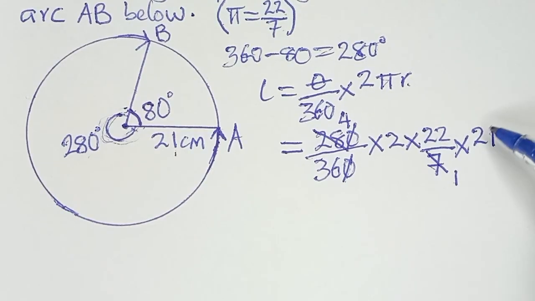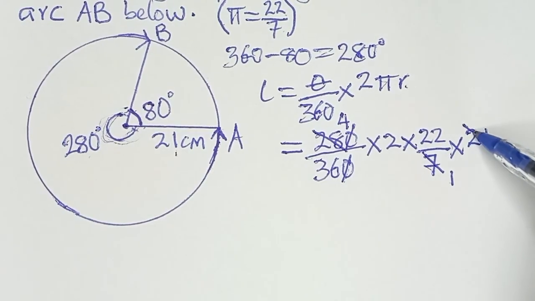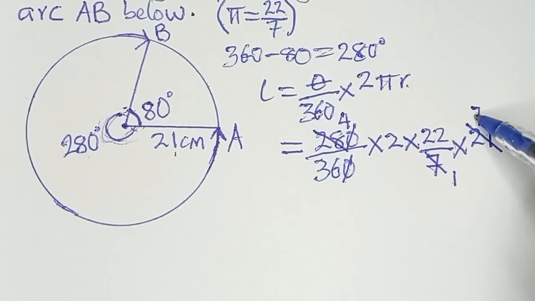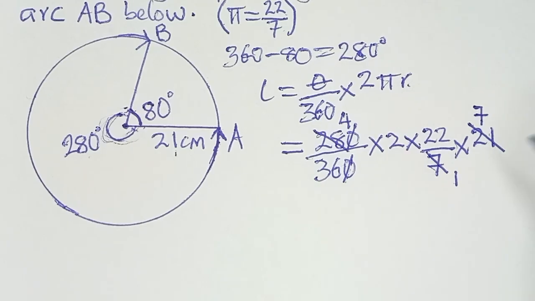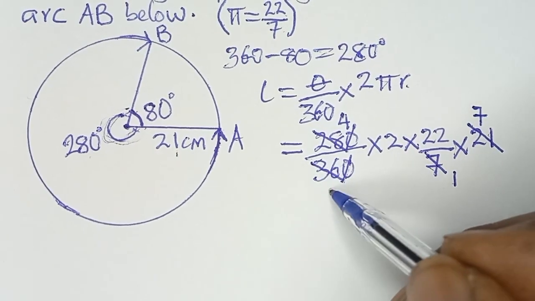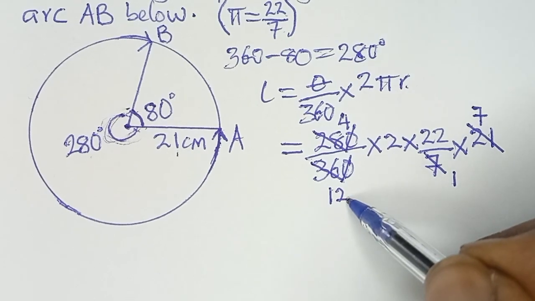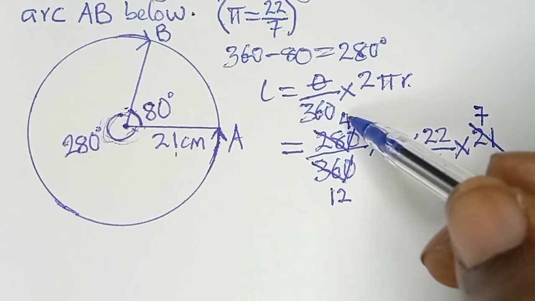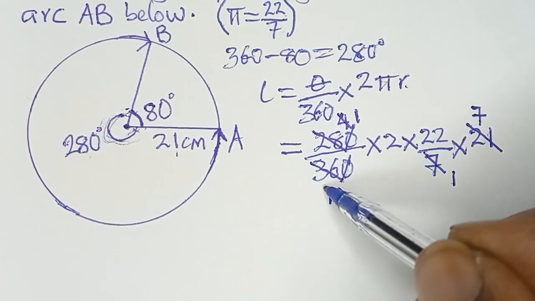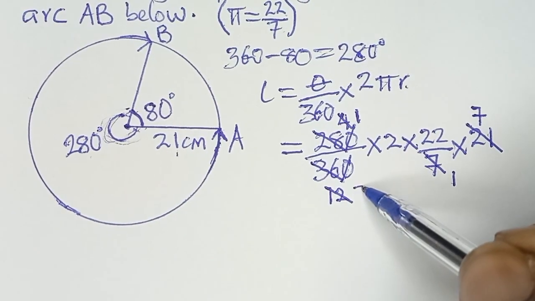Then here 3 in 21 is 7 times. And then 3 in 36 is 12. 4 in 4 is 1. And 4 in 12 is 3 times.